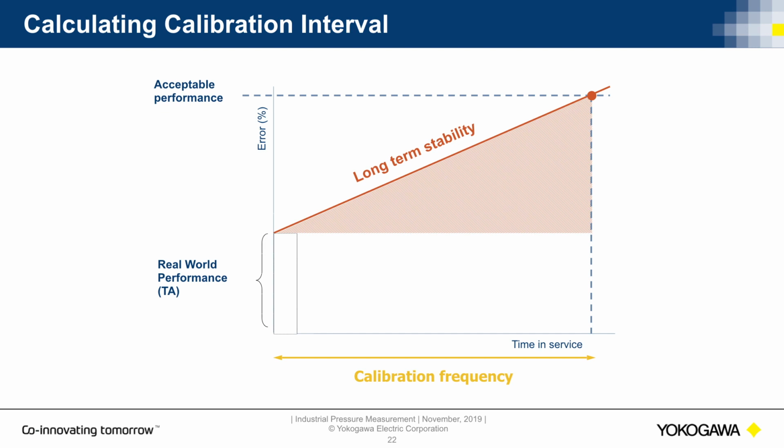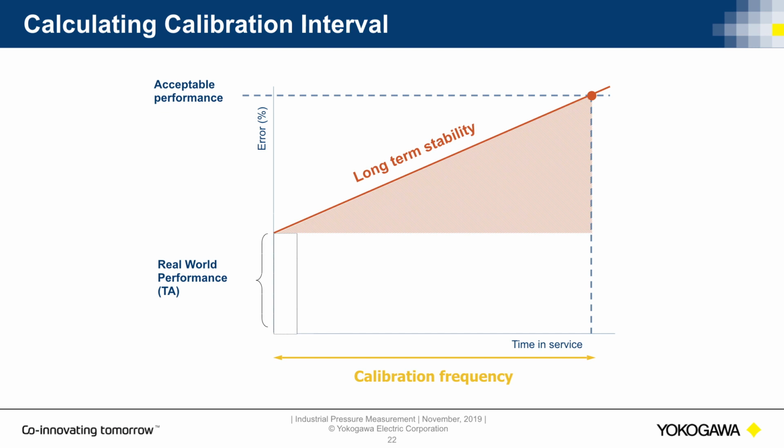If somebody sequences a manifold wrong, or there's a water hammer effect during startup conditions, you can hit one side of the transmitter with way too high a pressure, way too high a differential, and not realize it, and it could damage the sensor or cause the calibration to be off.